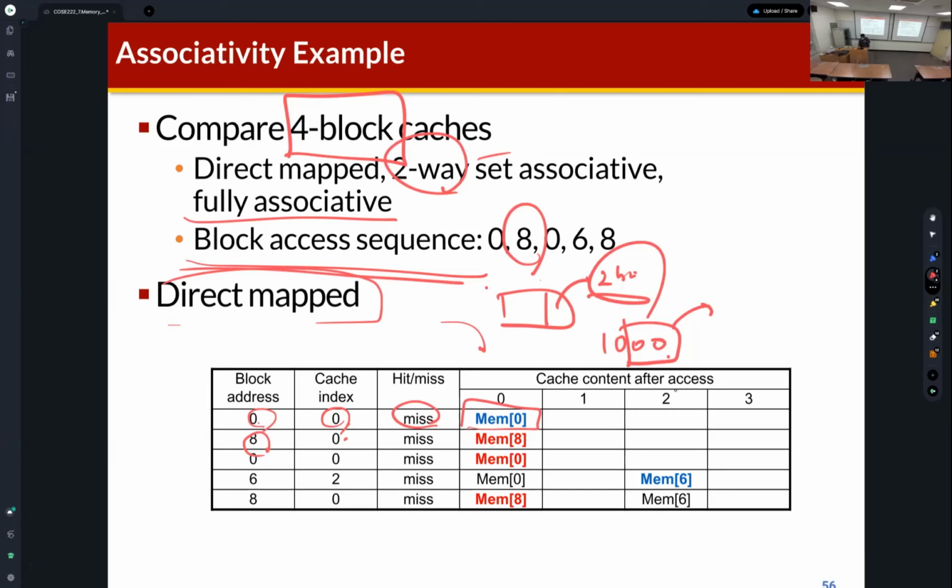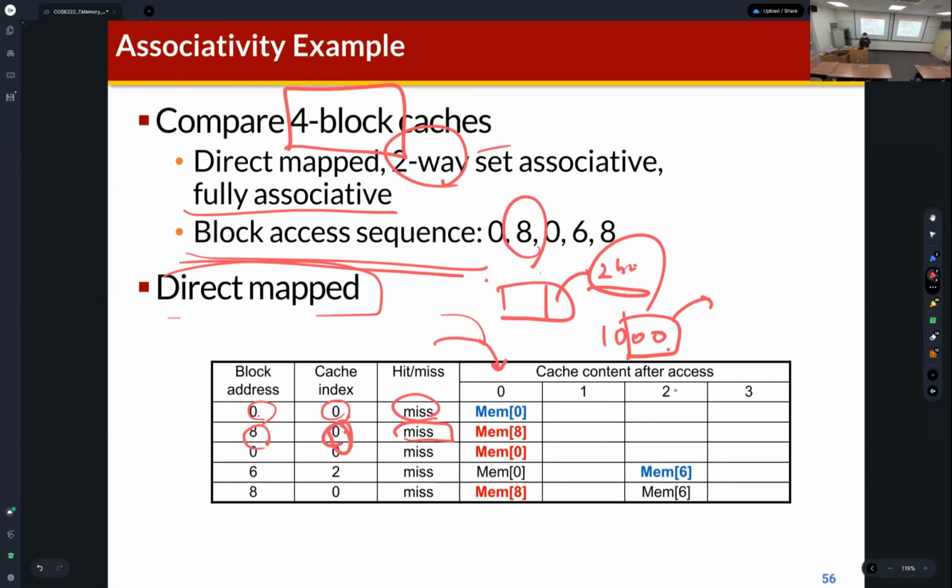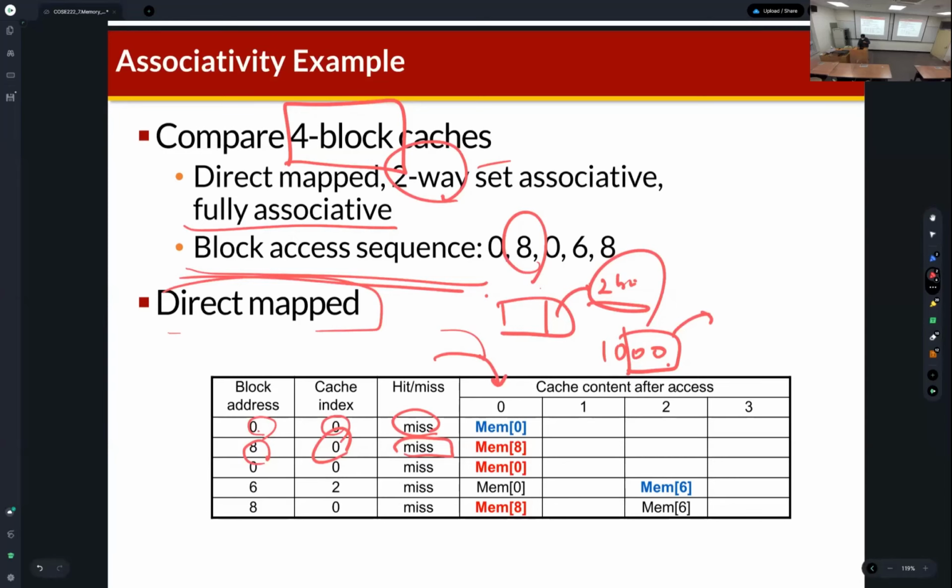So this is a miss. But this block needs to be allocated to index number 0, right? Understand? Index number 0. So this block needs to be allocated into this index.